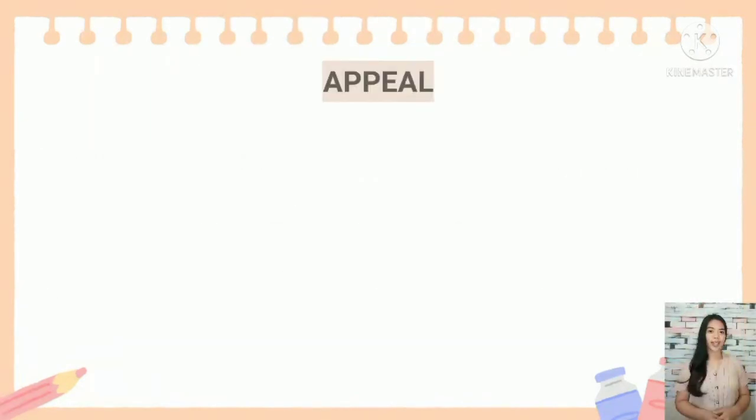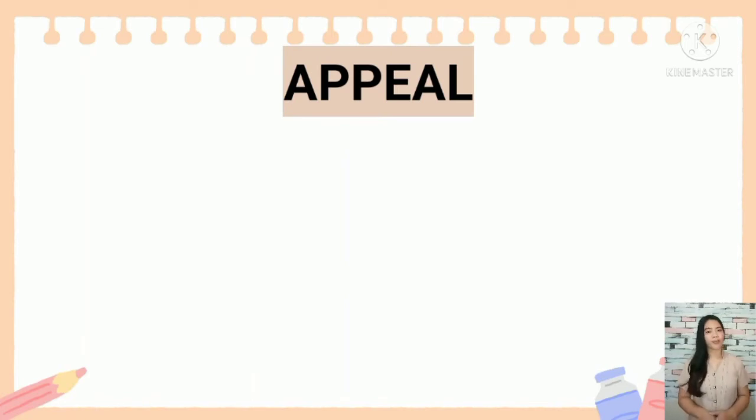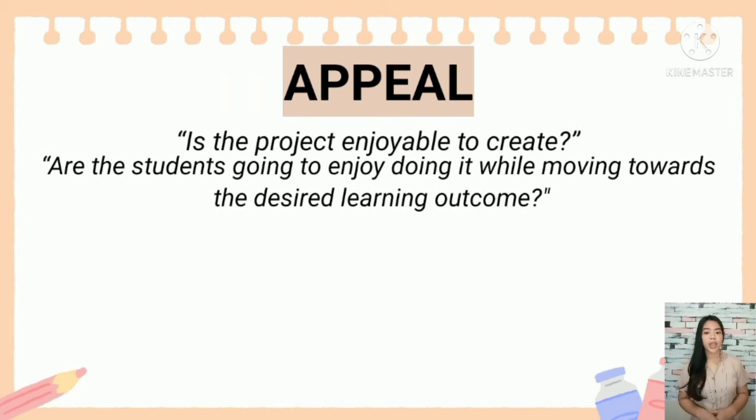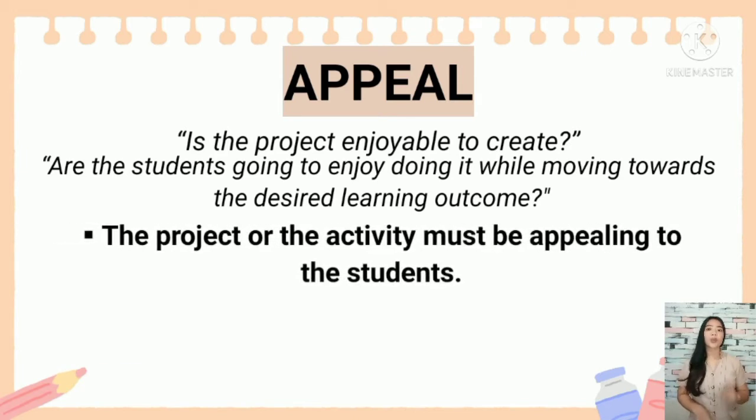The second one is appeal. The questions are: is the product enjoyable to create? And number two, are the students going to enjoy doing it while moving towards the desired learning outcome? Simply, the product or the activity must be appealing to the students.